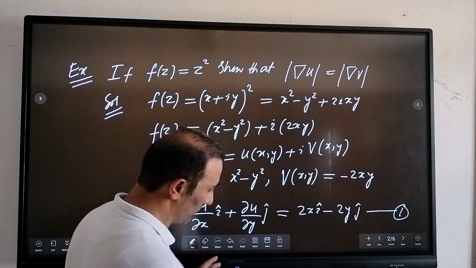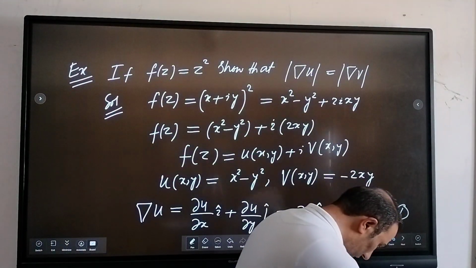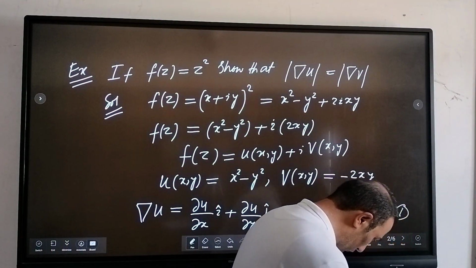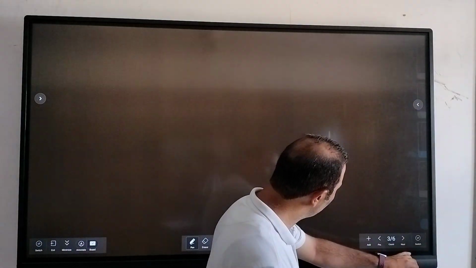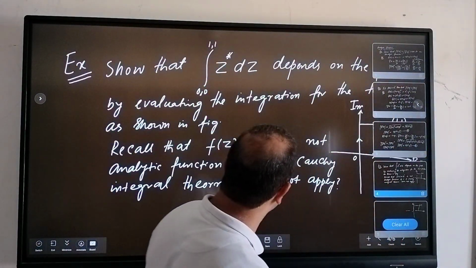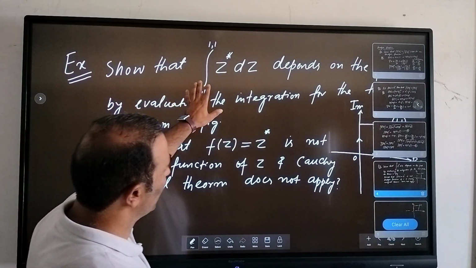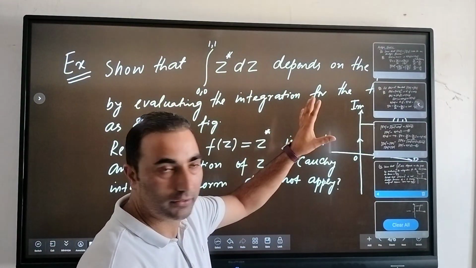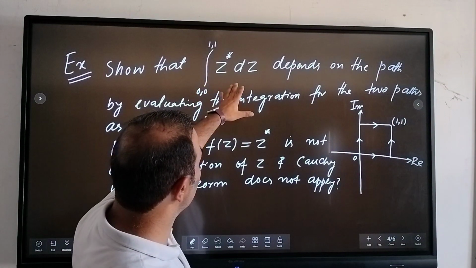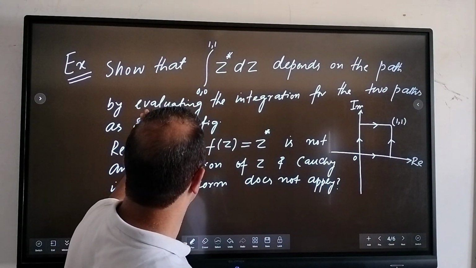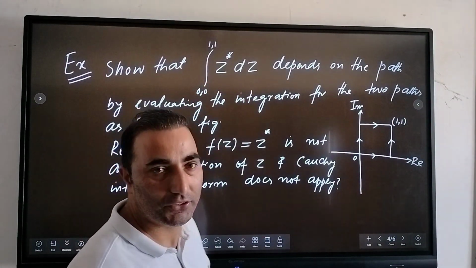So this was another problem that I took. Now, one more problem is that we need to show that this integral, because this is in our complex plane, right? So this integral of z star dz depends upon the path, by evaluating the integration for two paths.